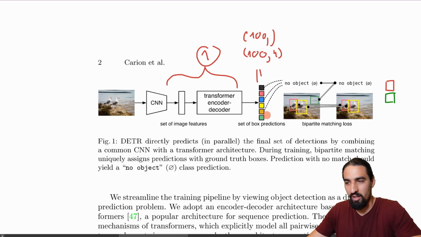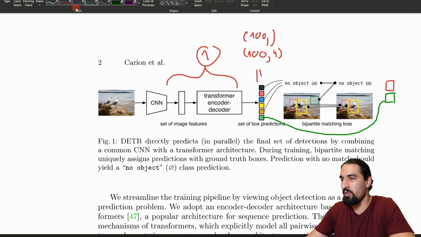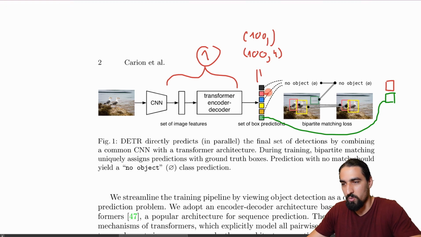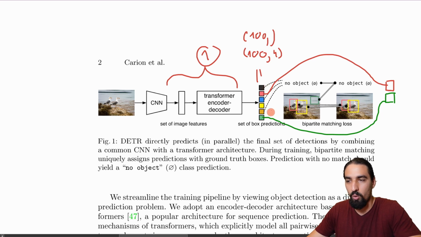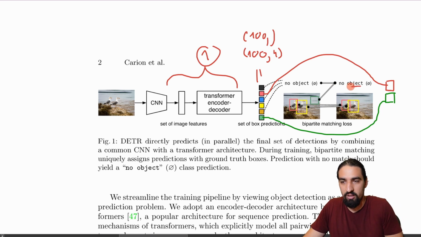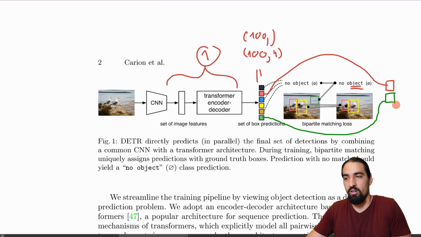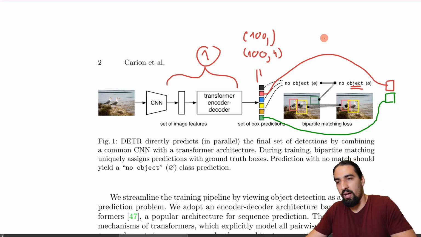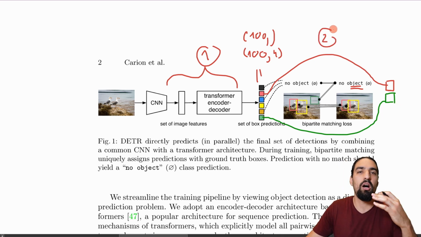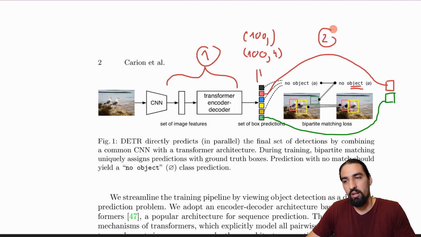The idea is how do we know that we need to connect this one with this particular ground truth bounding box, and how do we know that we need to connect this red one with this red one here. And also we need to take all of the other predictions and map them into this special class, the no object class. That's step number 2. The way they do that is using something called the Hungarian matching algorithm. We'll see how it works in a lot of detail.